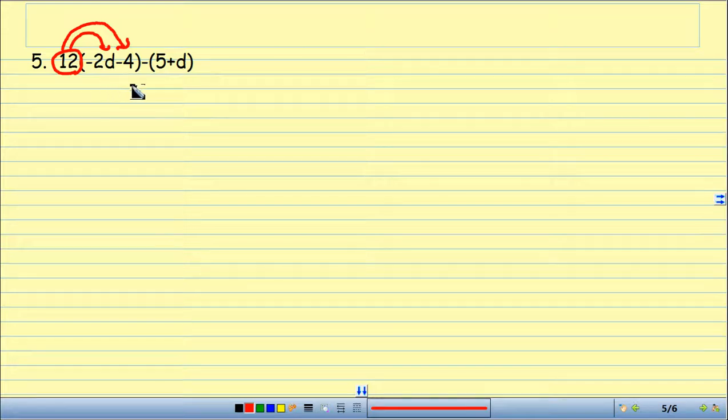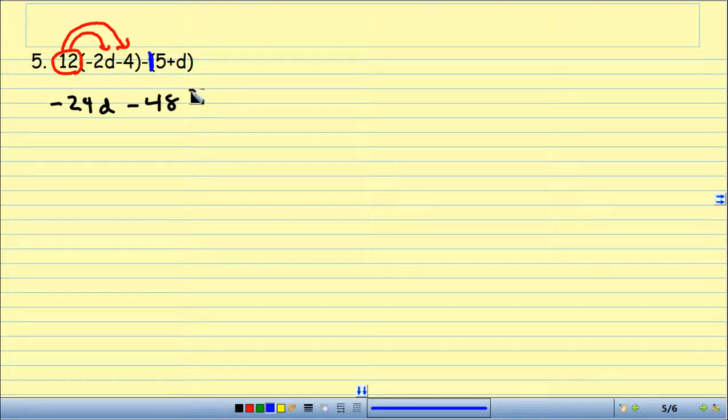So distributing it into negative 2d, 12 times negative 2, that's going to end up being negative 24d. And then 12 times negative 4, that's going to be minus 48.